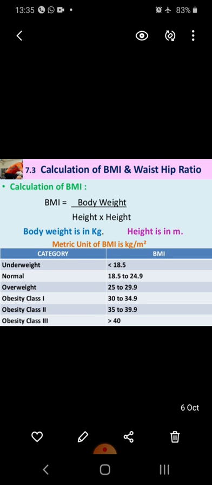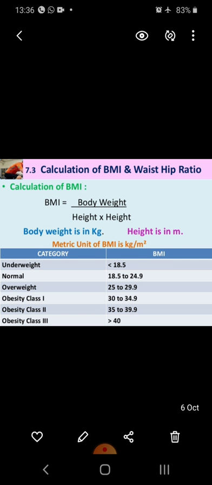So this is the formula to calculate BMI: body weight divided by height squared, body weight in kgs and height in meters. When we calculate this, some figure comes out, and if a person has below 18.5, that person comes under the underweight category.